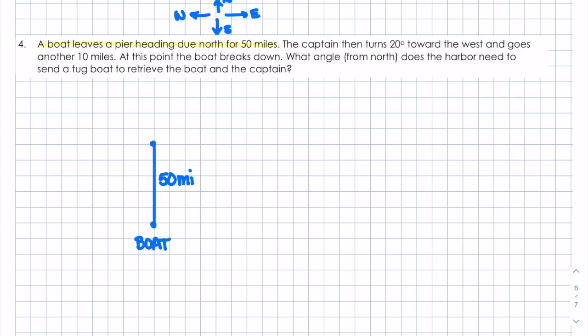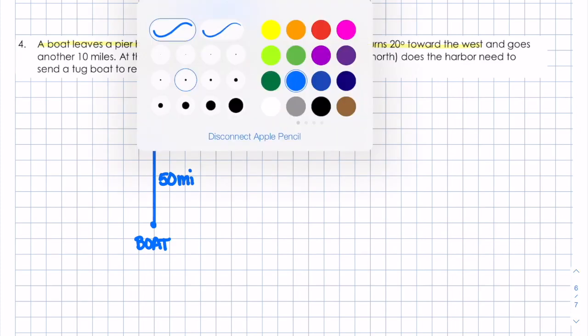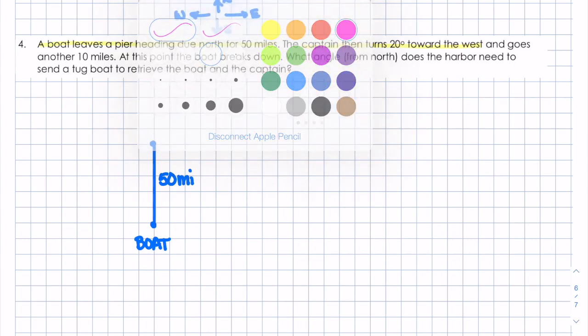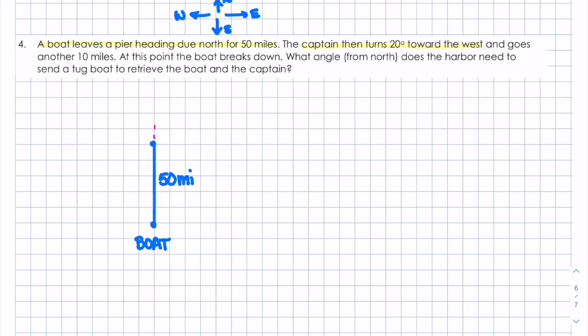Then it says the captain then turns 20 degrees towards the west. So west is towards the left. So again, we have a similar scenario to that plane example. So remember we said this is the path that it would have kept going on, right? That pink path. But it ended up going a little bit west. So this is 20 degrees.